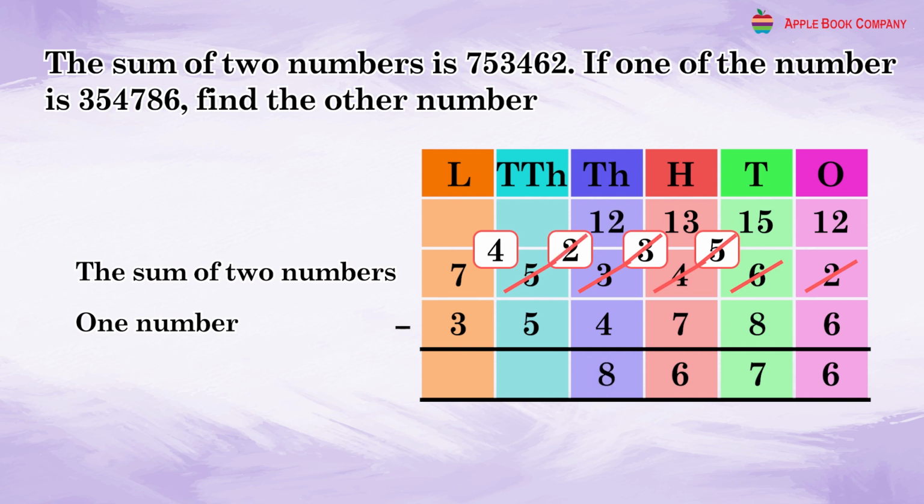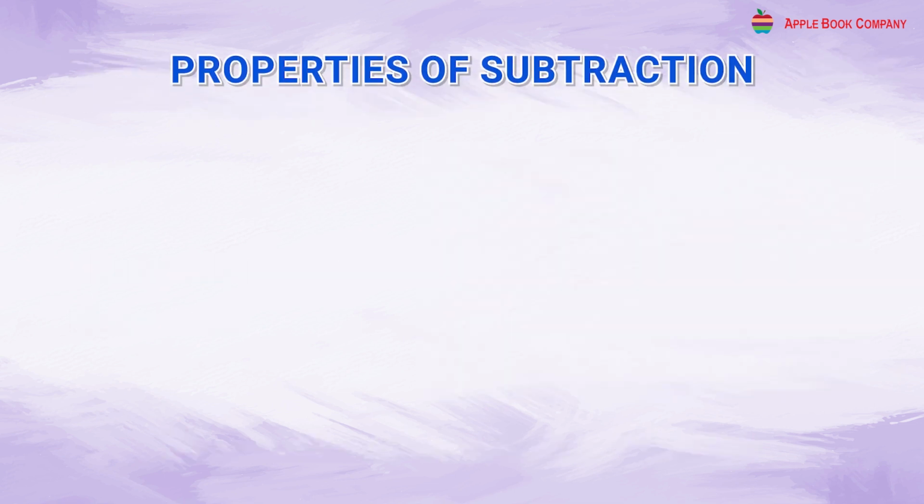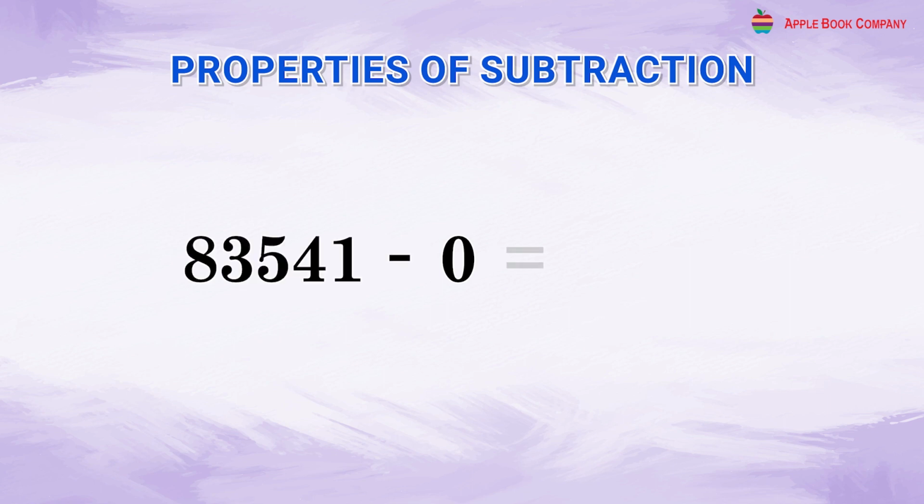On 10,000s, 4 is less than 5. After borrowing, 14 minus 5 is 9. On lakhs, 6 minus 3 is 3. Hence, the other number is 3,98,676.